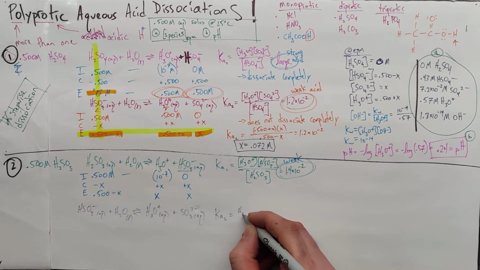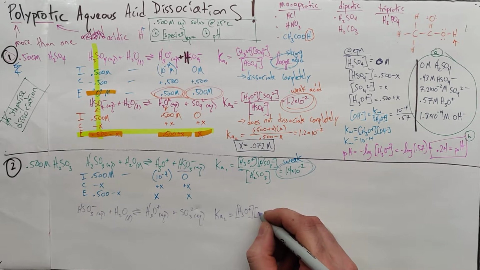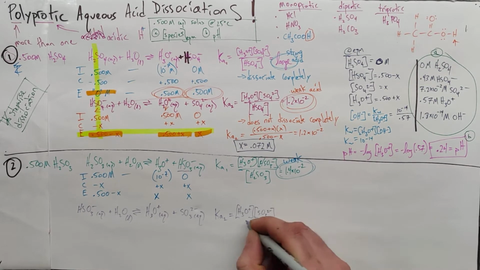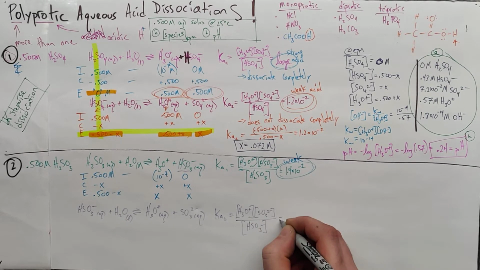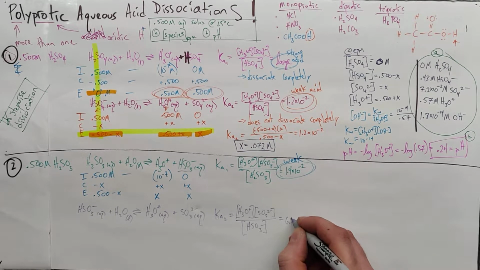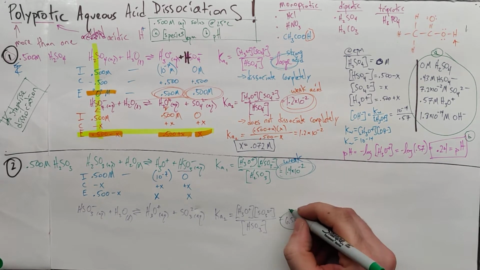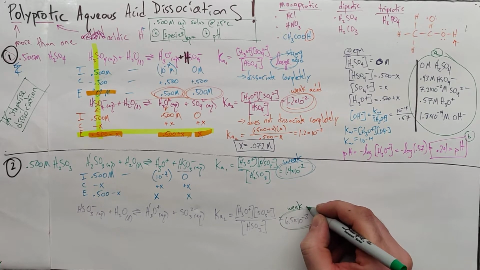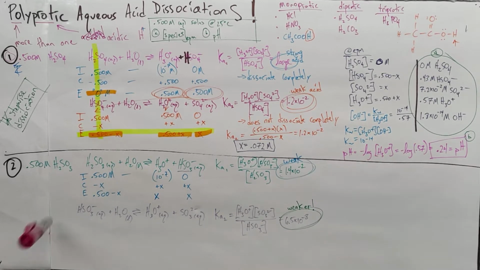The Ka expression, though, we are chucking out there without much effort. And again, this came from a table as 6.5 times 10 to the minus 8th. And if you're paying attention, just like we did before, this is weak, right? In fact, it's significantly weaker. That was a 10 to the minus 2, and that's a 10 to the minus 8th.